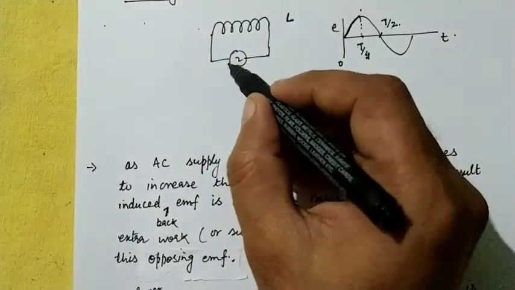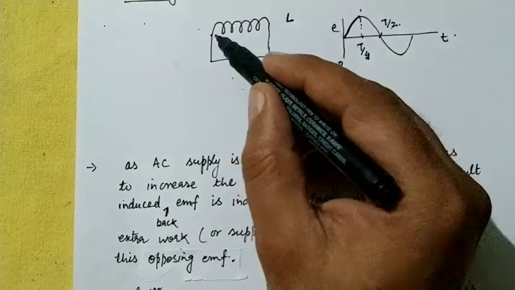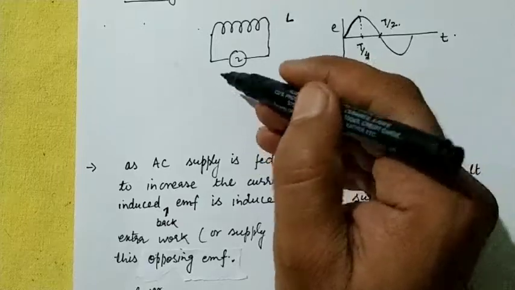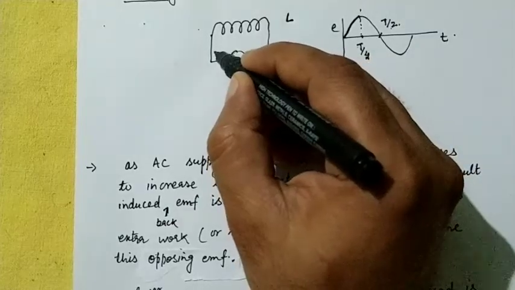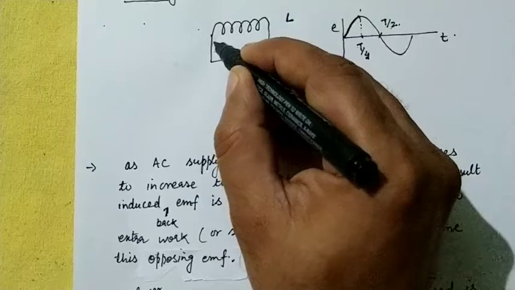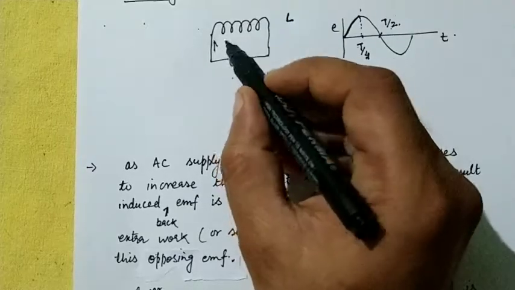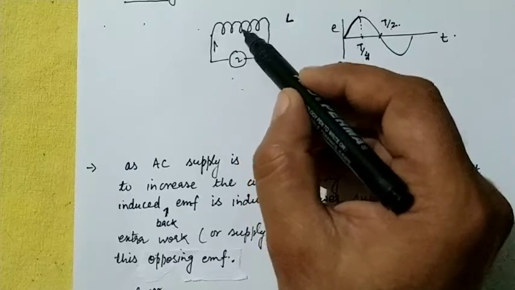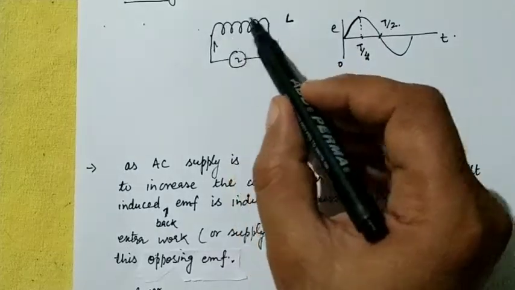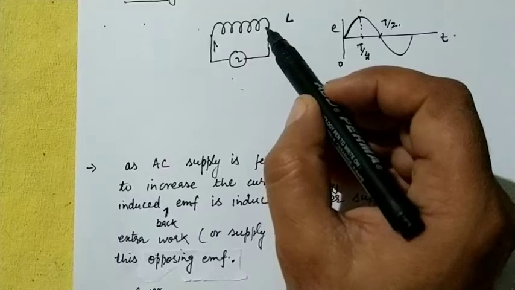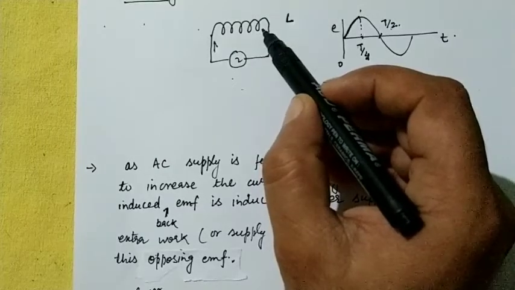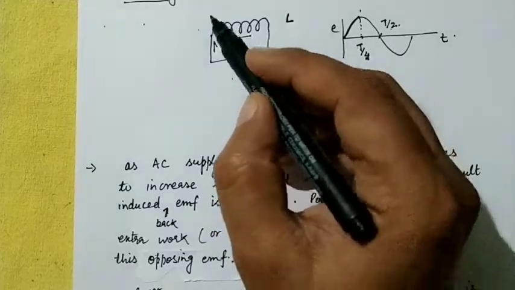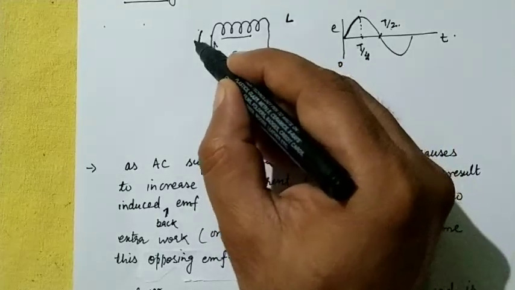As the voltage of the power supply keeps increasing, the current also increases. As a result, the magnetic flux linked with this conductor also increases, and according to Faraday's law, an induced EMF is produced in this inductor in the opposite direction.